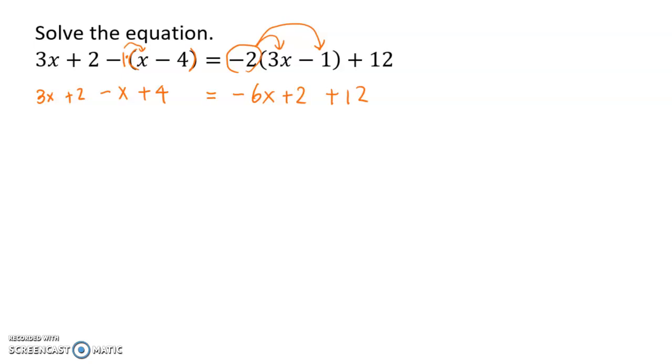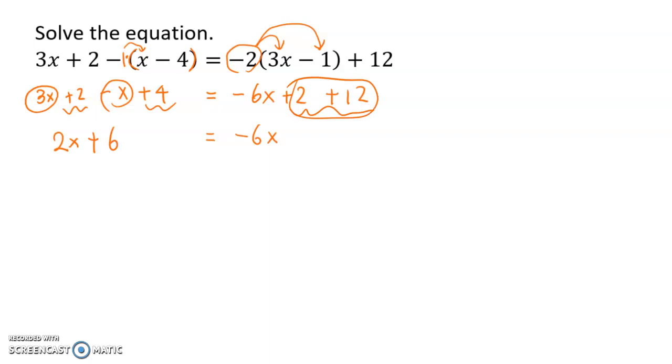So on the left side, the like terms are 3x and negative x, and another pair of like terms are 2 and 4. So 3x minus x, that's 2x. 2 plus 4, that's a 6. So that simplifies the left side. Now let's simplify the right side. On the right side, there are no like terms for negative 6x. I will just bring it down. And these two are like terms. I'll combine those two. That's plus 14.